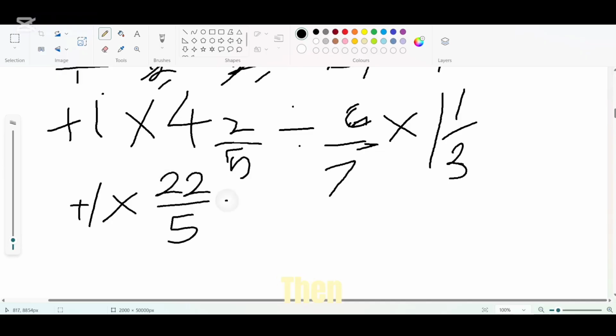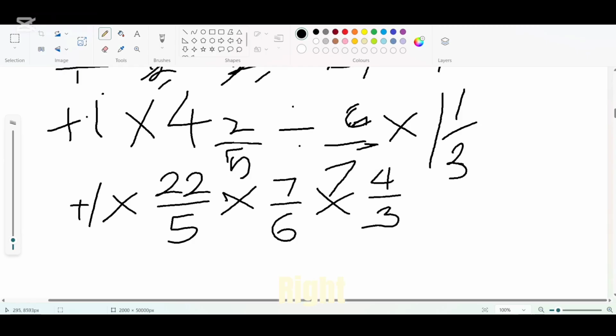But then this is going to be times 7 all over 6. And this is going to be times 3 times 1, 3 plus 1, 4, 4 all over 3. So right now everything is in multiplication form. So we'll now look at those that can cut.